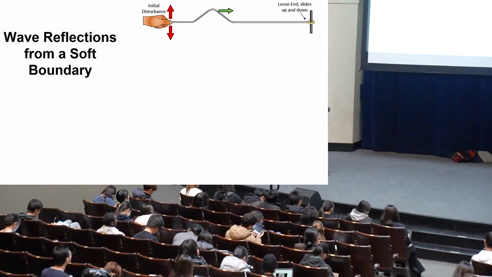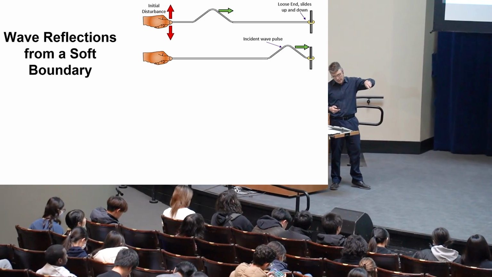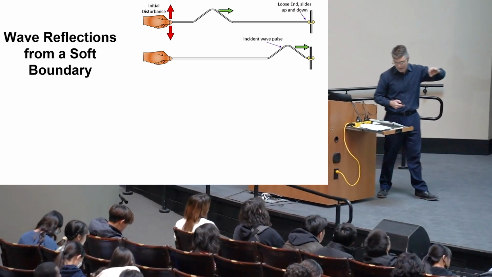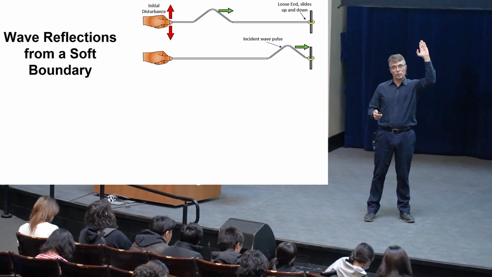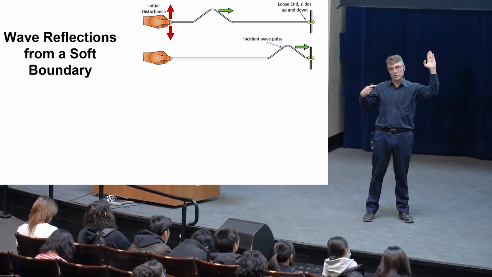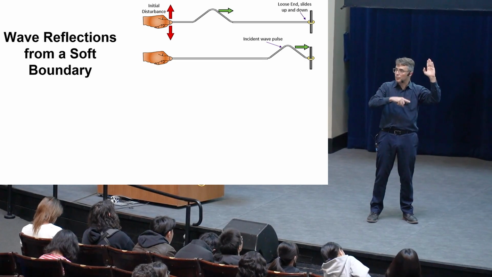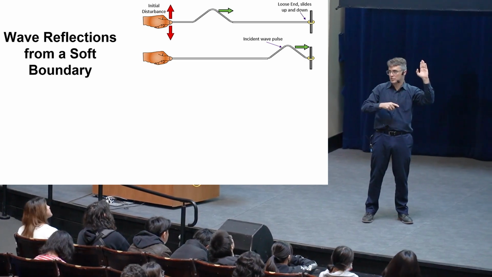The other thing you'll see on your simulation for your homework is reflection from a soft boundary. Imagine that instead of a hook, we have a vertical pole, which holds the tension but provides no vertical force at the end.